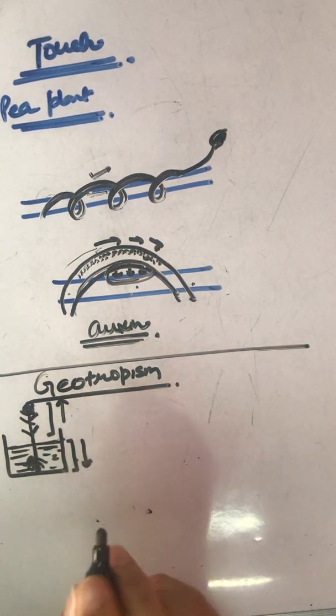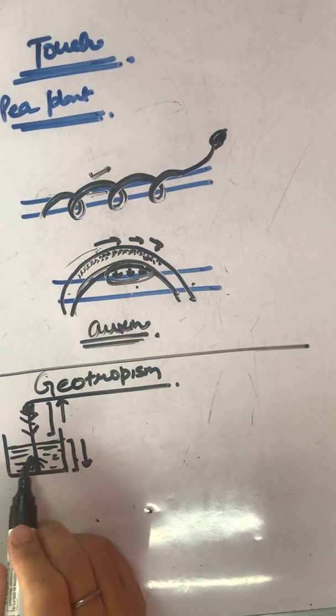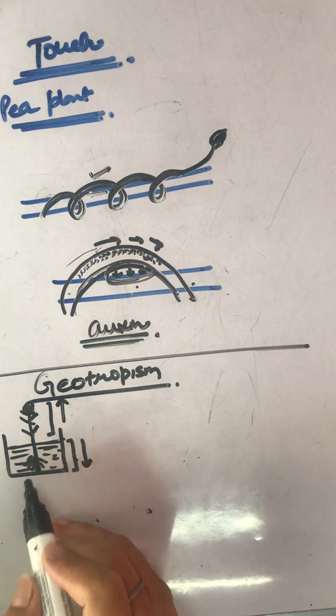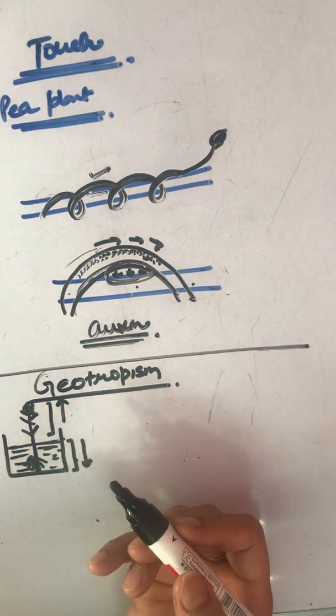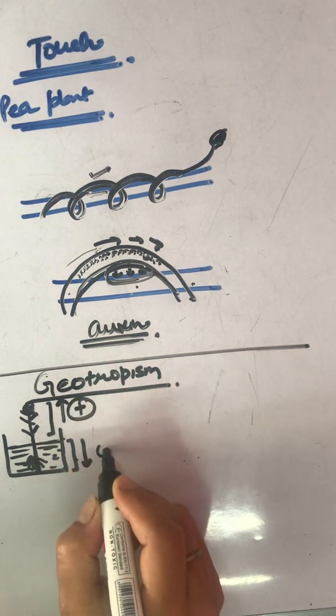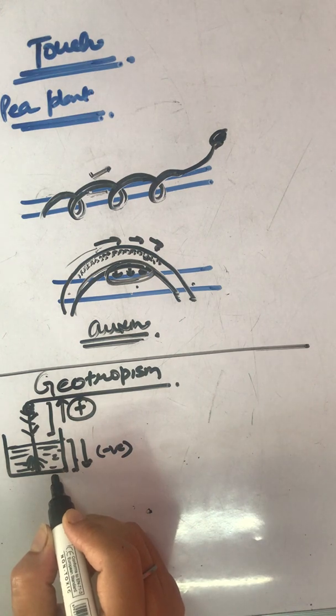Now, this is growing in a transparent glass jar so that we can see the stem region as well as the root region. We can observe it. And what we have observed is this is showing positive phototropism and this one is showing negative phototropism, but positive geotropism.